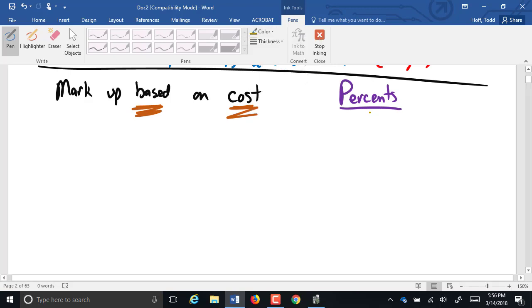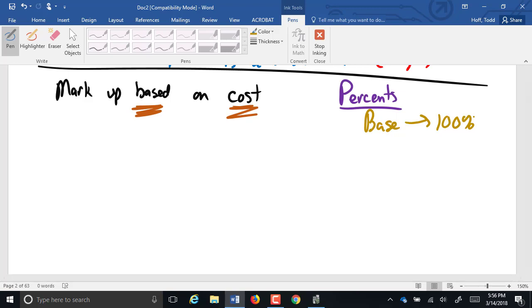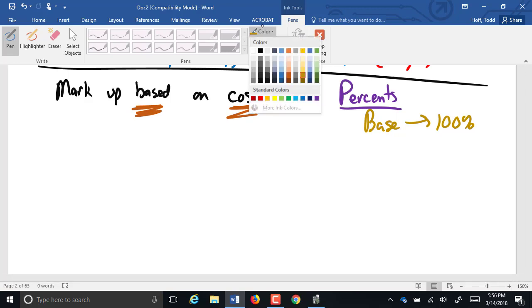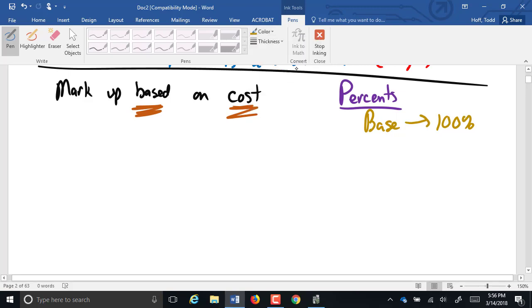That term base referred to whatever was the whole thing, the 100%. Remember what we were basing our calculation off of, what we were starting with. Markup based on cost is where we take the dollar amount of the cost and we use that to calculate the markup.